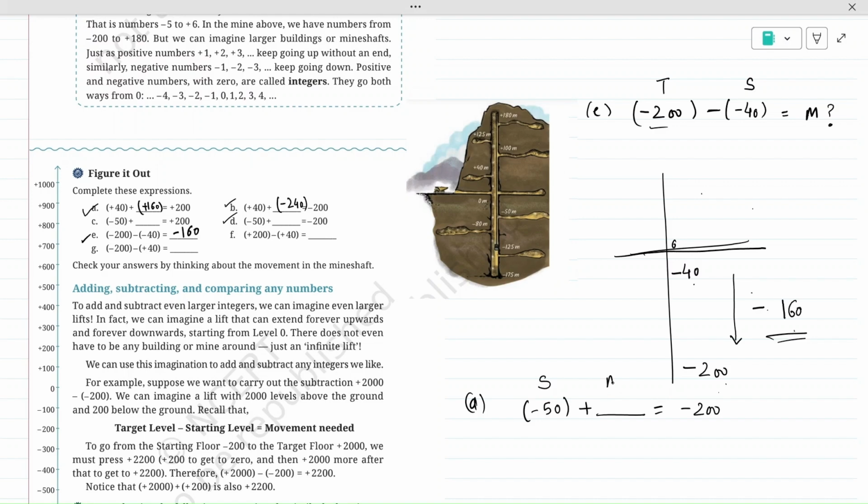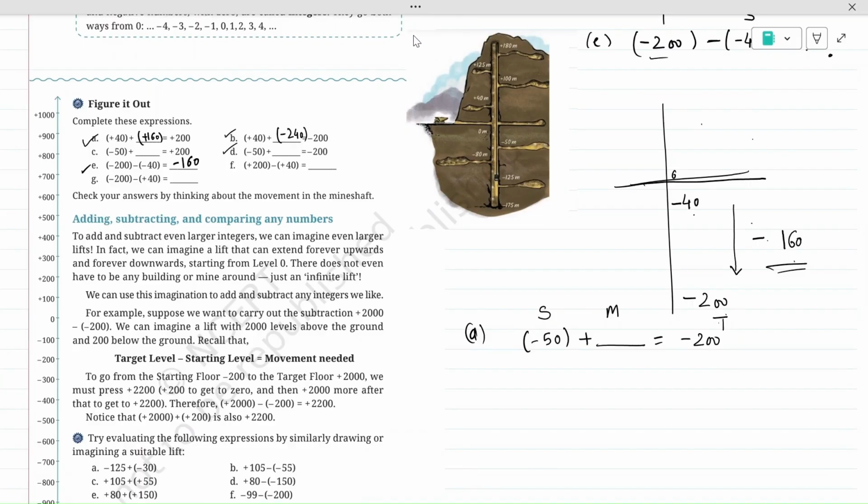I have to add a movement to it so that I reach my target, minus 200. So kids, if I take the same diagram here, I'm erasing this. It says my starting point is minus 50 somewhere here and I have to reach minus 200. I have to reach here.